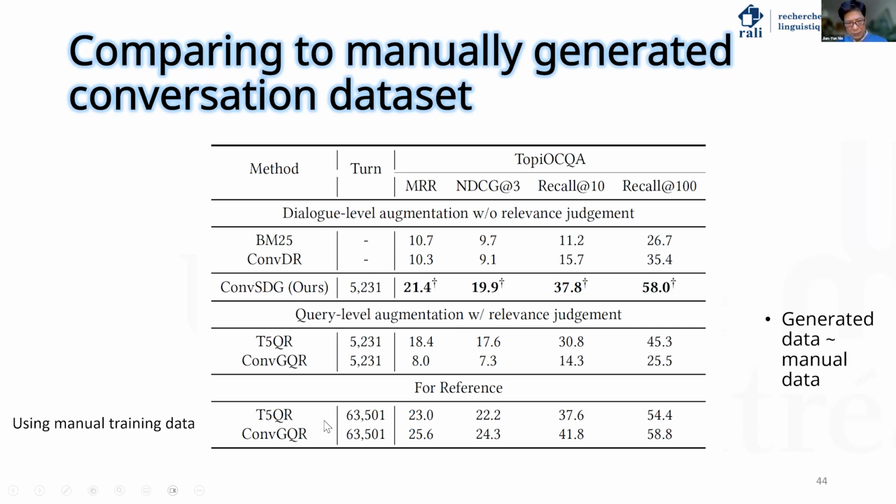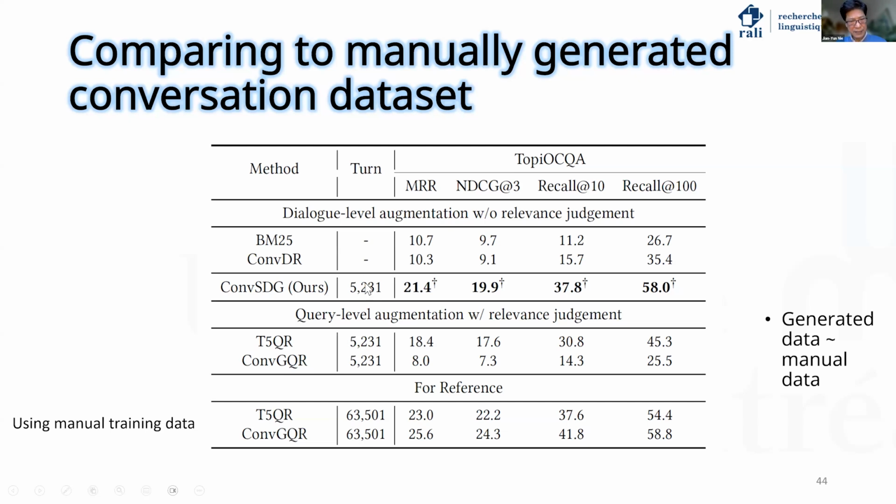Now we compare with the methods using the existing training data set. That is, TopiOCQA has already quite a large number of turns, and we use that for training, for fine tuning. This is what we can obtain with this number of turns manually generated.